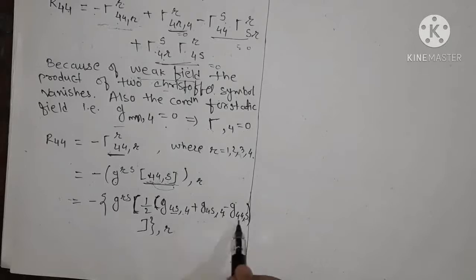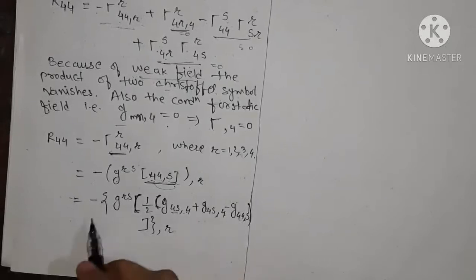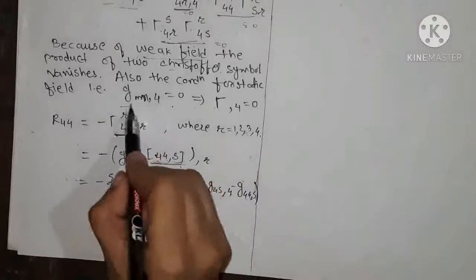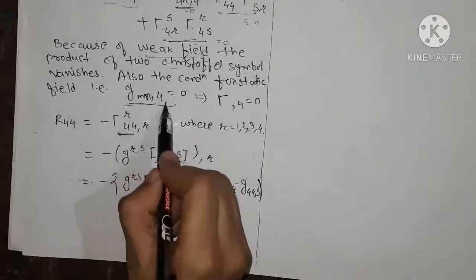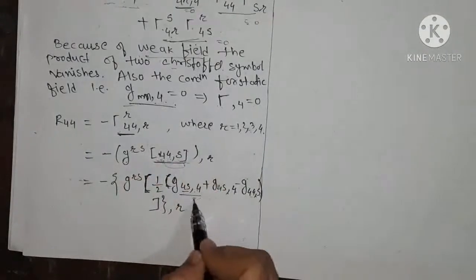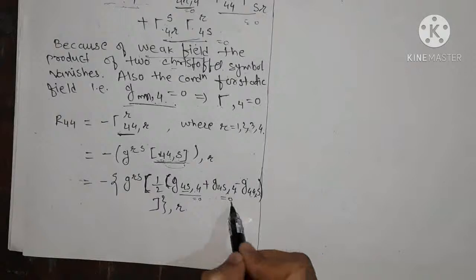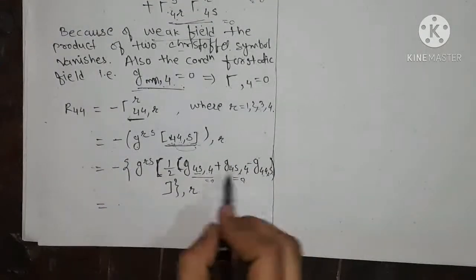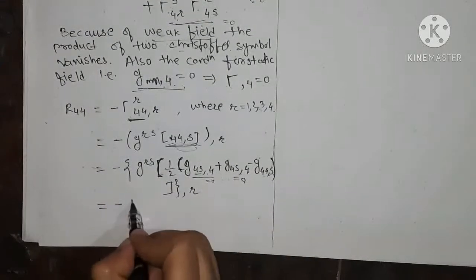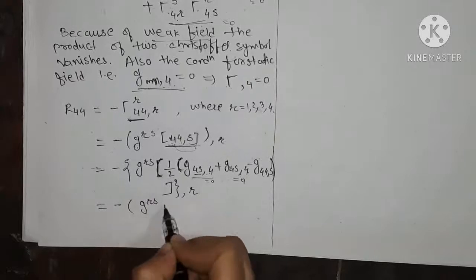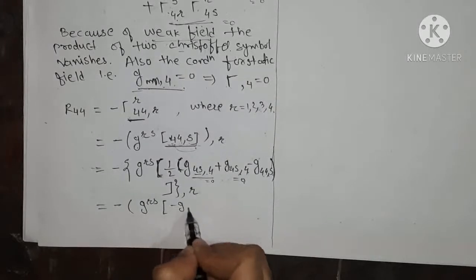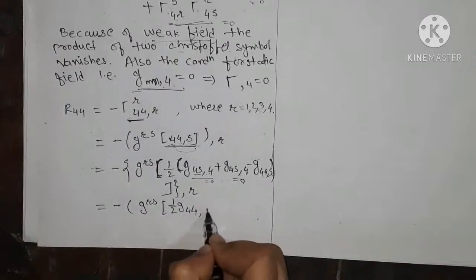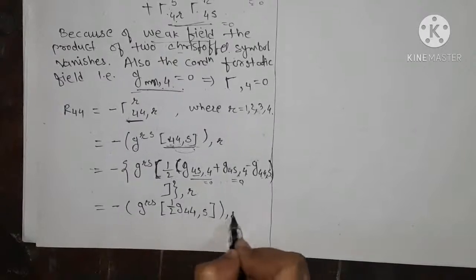So we apply this definition, and now because this is a static field, g_{mn,4} equals 0. So this is equal to 0, and this term is also equal to 0. So we have the above expression in the form minus g^{rs} times minus half g_{44,s} comma r.